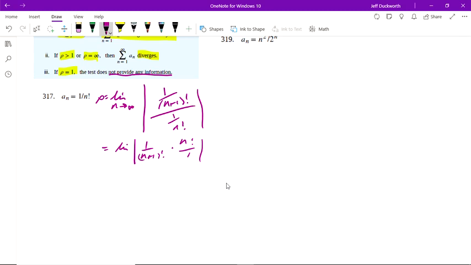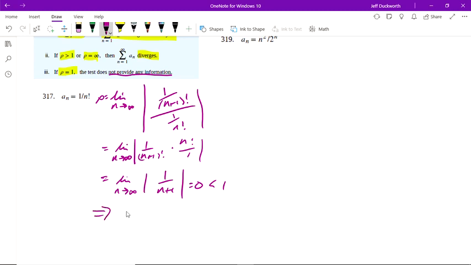Well, n factorial is just n times n minus 1 times n minus 2, and so on, and n plus 1 factorial is all that times n plus 1. So this just equals the limit as n approaches infinity of 1 over n plus 1. Well, we know that this is 0. And certainly 0 is strictly less than 1.